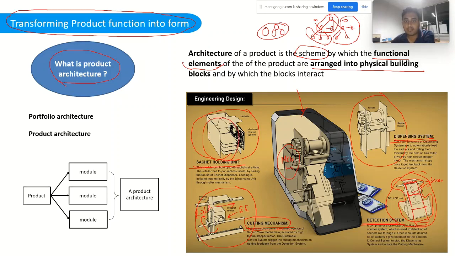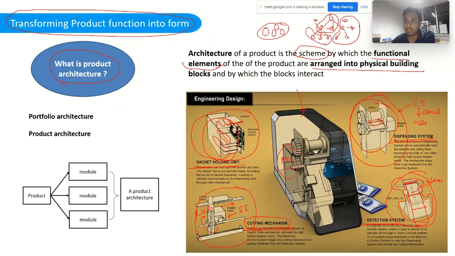Then the sachet holding unit, where we have the sachets. They are arranged in a particular way where multiple sachets can be stacked, and the end of the sachet gets fed into the dispensing mechanism, where there is a roller, and this end is fed here. When this roller rotates, again electrical energy is converted into rotational energy.